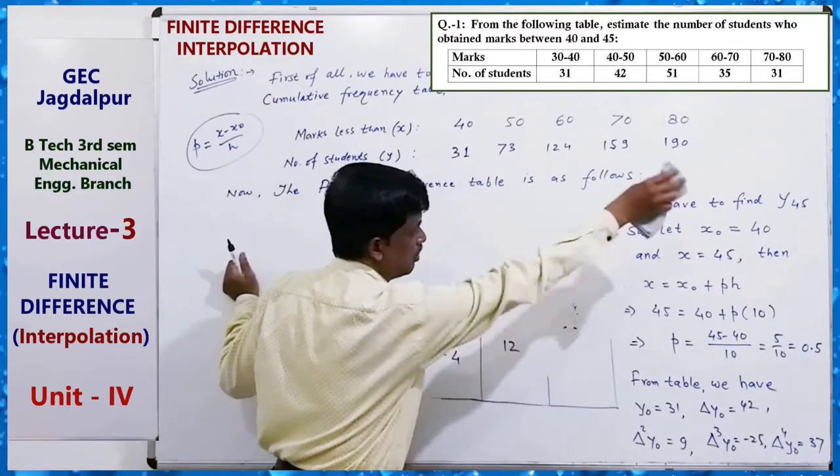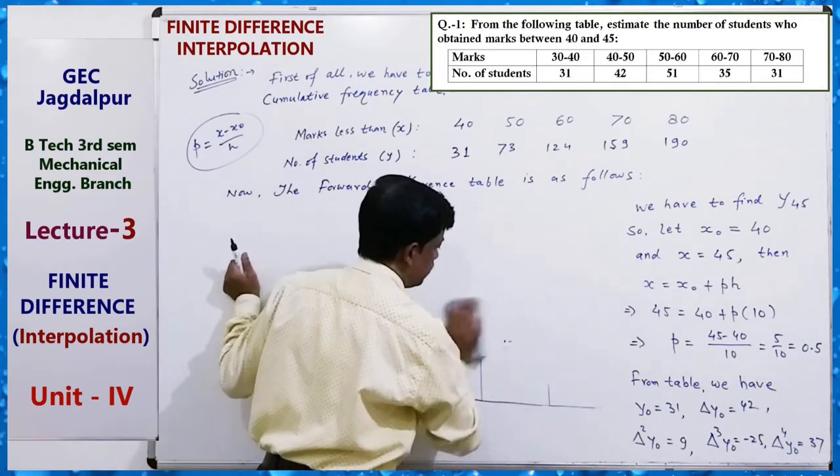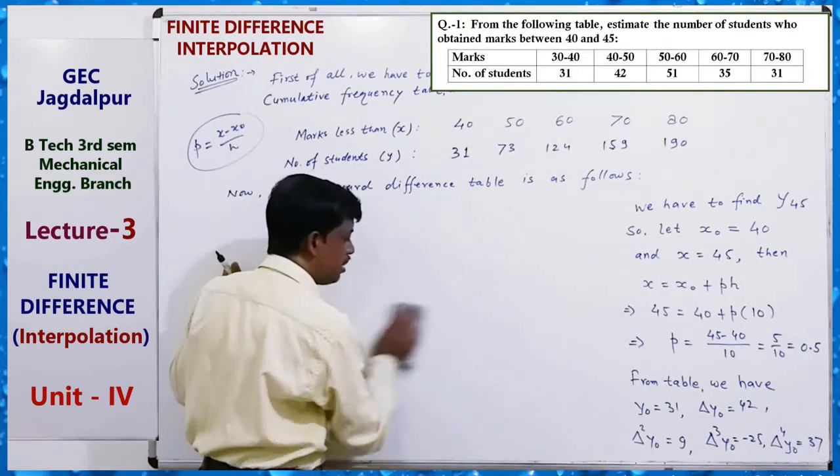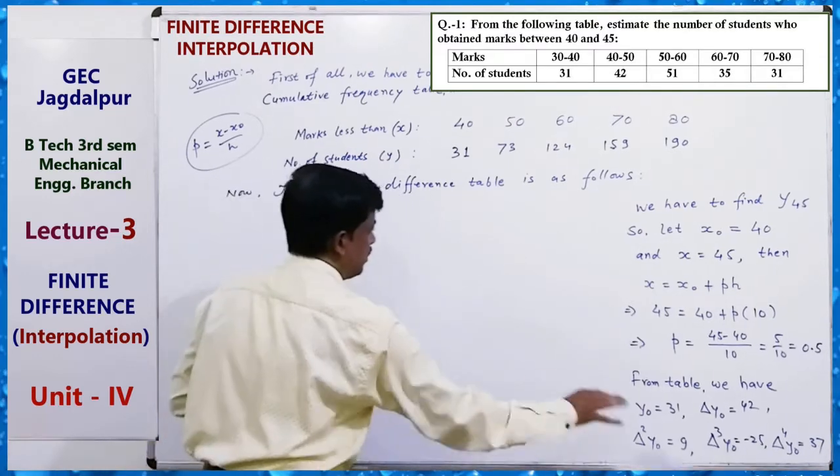Our target is what? y45. We can write y45.